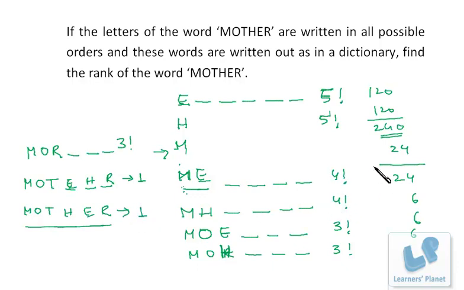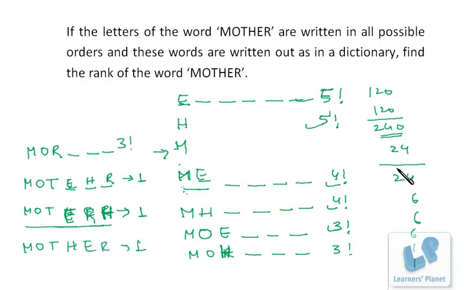So we got 240, that is 120, 120, then 24, 24, then 6, 6, 6, and further 1 and 1. So we have to calculate all these. I'm sorry friends, I just forgot: here it is EHR, then here E will be there and ERH will be there. ERH. Then MOTHER. So it's one more over there.